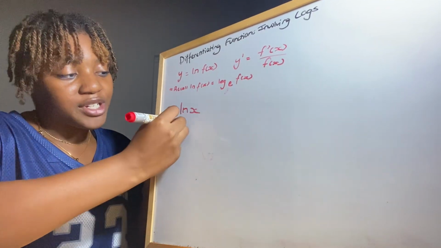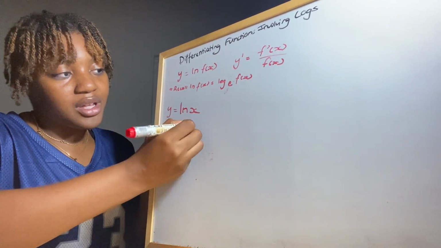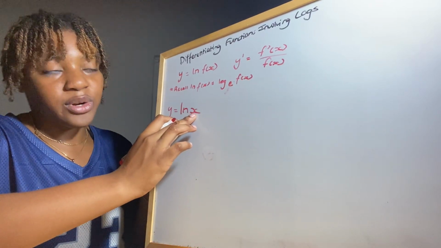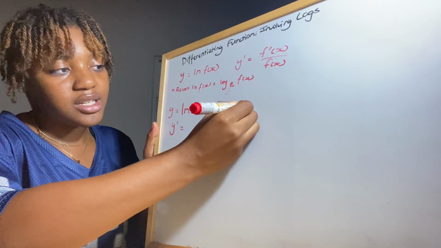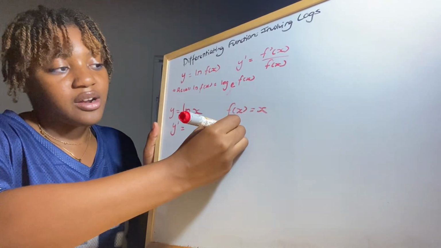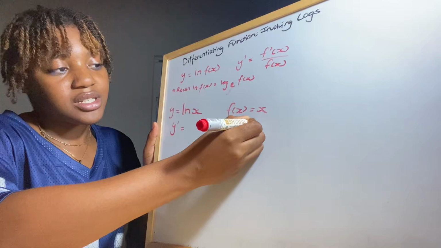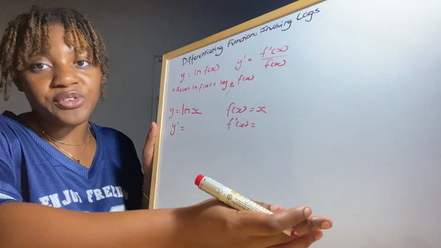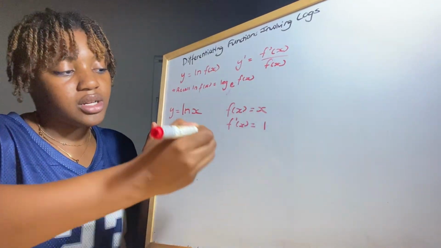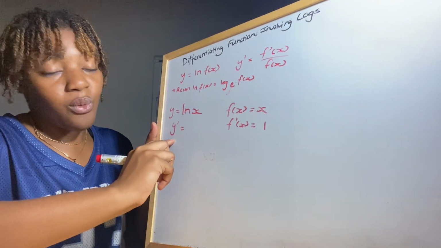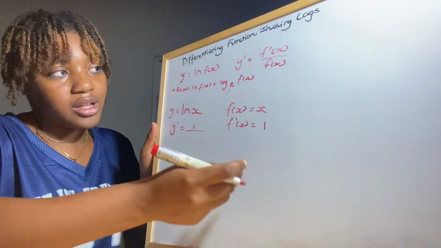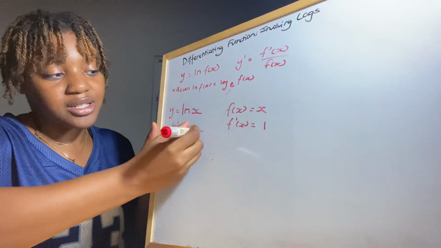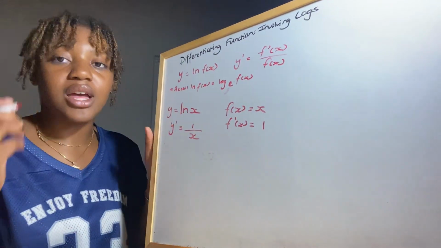In order to differentiate this, so y prime, we're going to differentiate the x. Let's say f of x is equal to x. Therefore, f prime of x is equal to, what is x differentiated? That would be 1. So therefore, y prime would be equal to 1 over f of x, which is x. So we'll just have 1 over x.